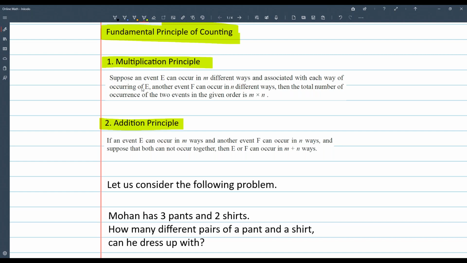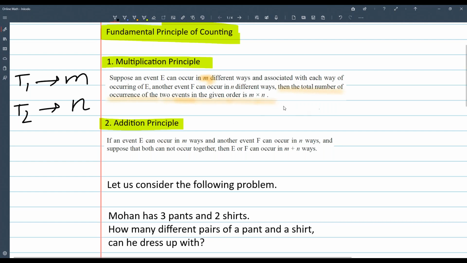Suppose an event E can occur in m different ways, or we can say task one can be completed in m different ways, and associated with each way of occurring of E, another event F can occur in n different ways. There is a second task which can be completed in n ways. So the total number of completion of these two tasks is given by m into n.